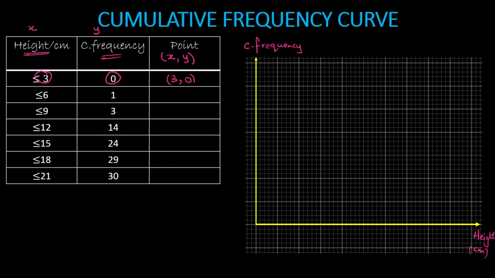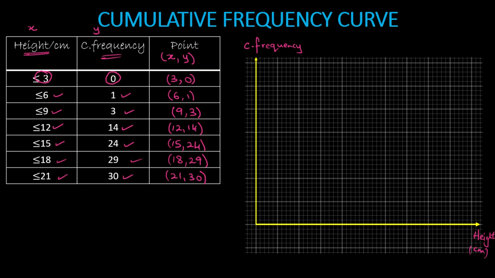Y is 0, so (3, 0). The second point, (6, 1). The third point, (9, 3). The fourth point, (12, 14). The next point, (15, 24). The next one, (18, 29). And the next one, (21, 30).